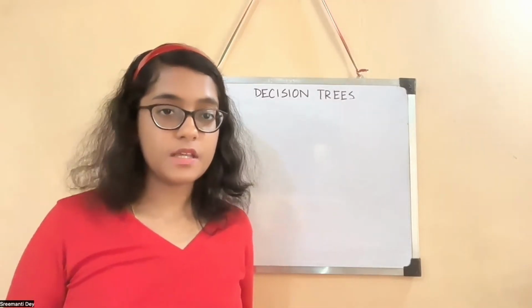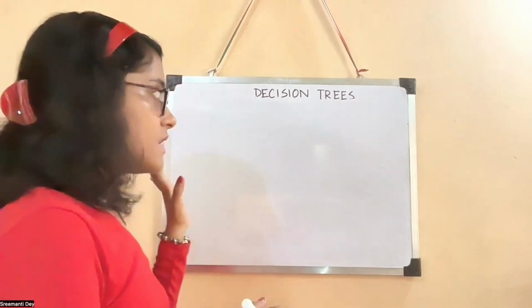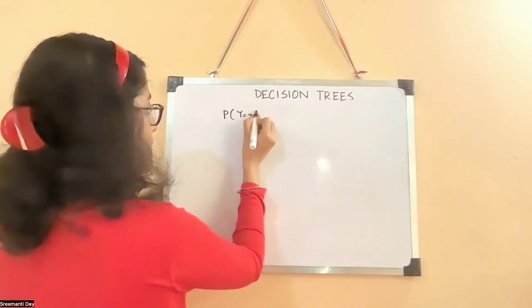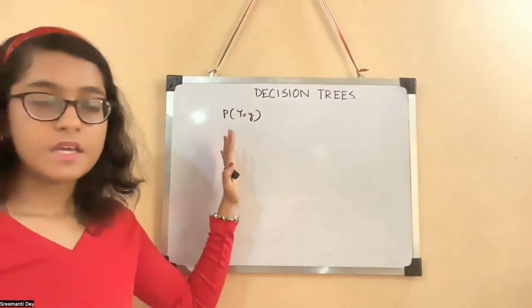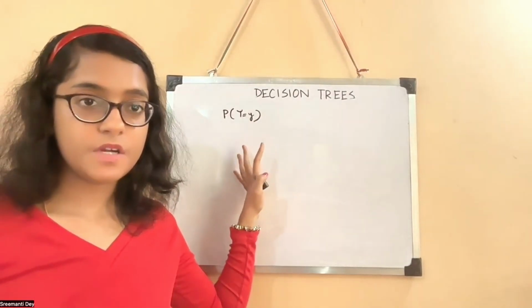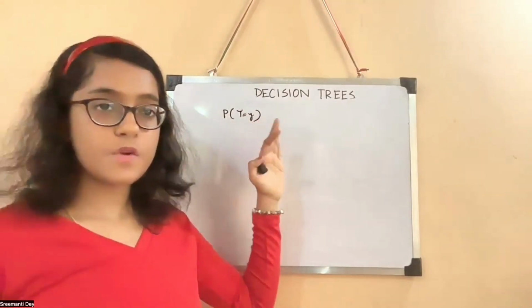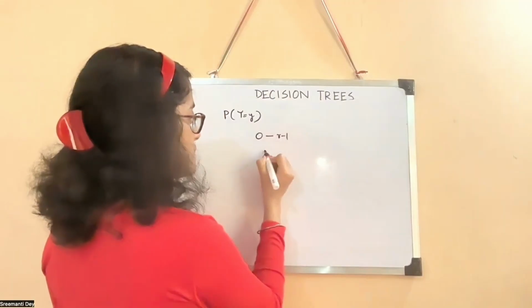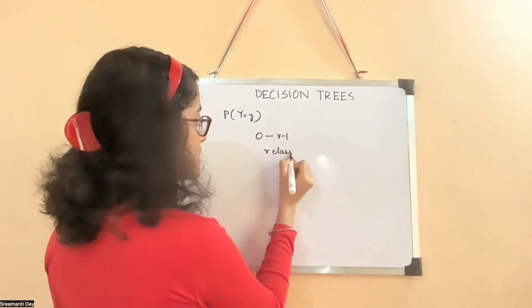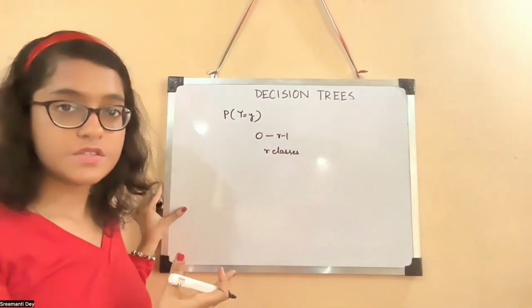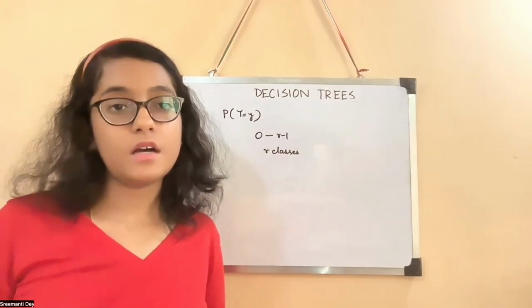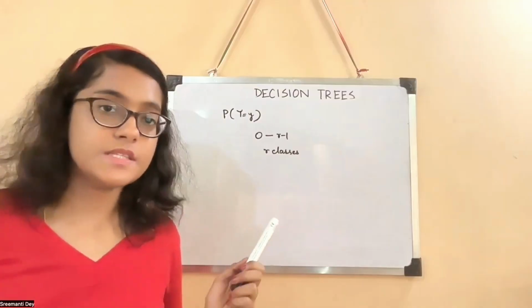Now the formula that we are going to use here is this. Let's say we have the probability of y equal to y. What do I mean by this? y is our target variable that we are using here. y takes values from 0 to r minus 1, as I said, when we have r total classes. In our example, r was 3. So this is going to be the probability of how our y variable is distributed over this.